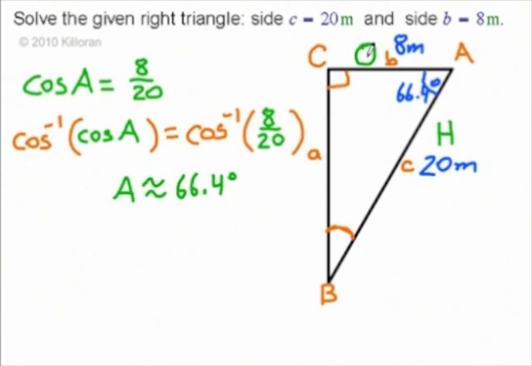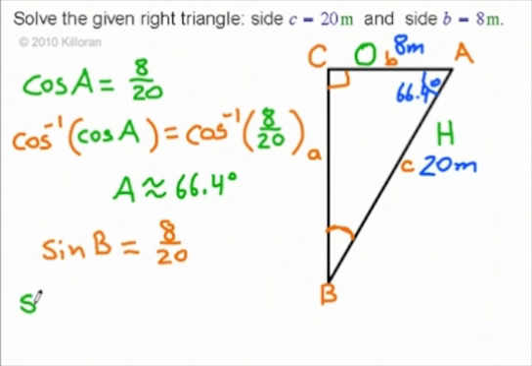And to find B, we're going to be using opposite over hypotenuse, which is a sine function. So I'm going to write it out as the sine of angle B is equal to opposite over hypotenuse, which is 8 over 20. And to undo this for a right triangle angle, we're going to use the sine inverse.